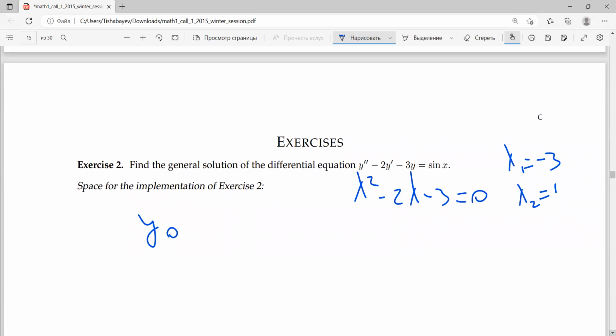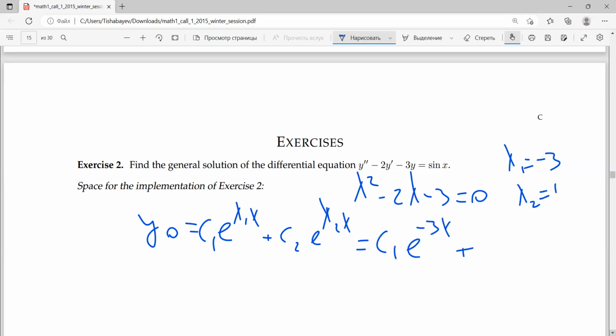So your homogeneous solution here, y0, will be c1 times e to the power of lambda 1 x plus c2 times e to the power of lambda 2 x. So you can see we have the result c1 e to the power of minus 3x plus c2 e to the power of x.